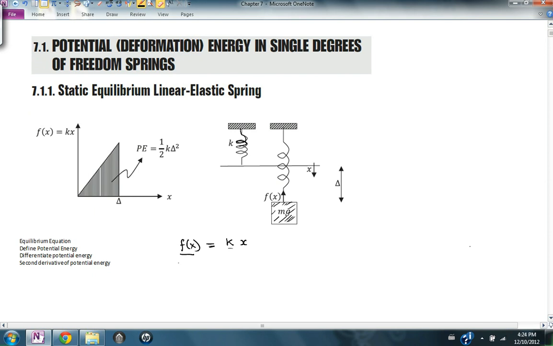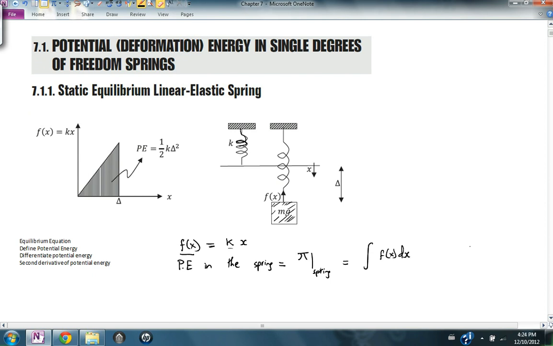The energy stored, I'm going to call it the potential energy in the spring, and give it the symbol pi spring, is equal to the integral of this force multiplied by the displacement.